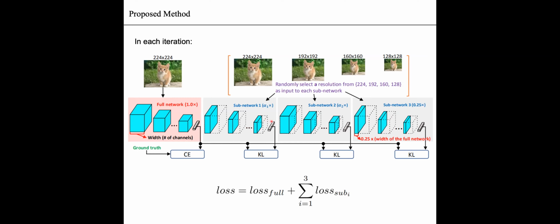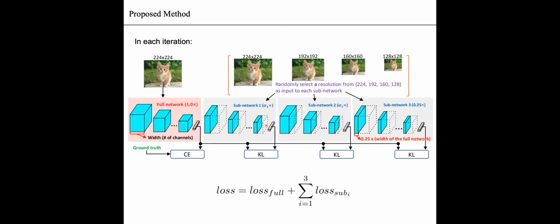The other 2 subnetworks will have random width ratios, alpha 1 and alpha 2. These ratios are numbers between the lower bound 0.25 and the upper bound of 1. If we randomly sample these different ratios, we are able to cover all kinds of width configurations. So that's the subnetwork generation.